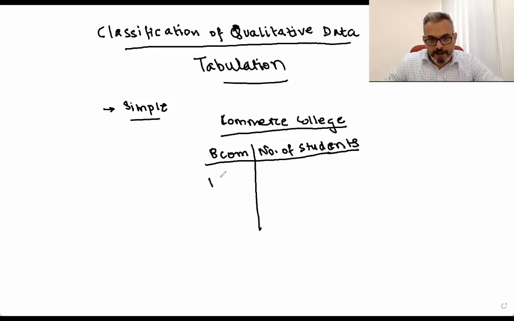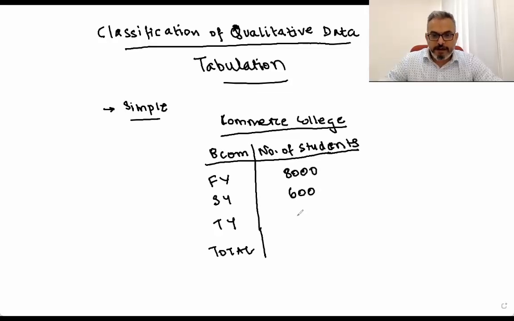So you have FY, you have SY, you have TY, and then you have total. Let's say number of students in FY 8,000, in SY 6,000, and in TY 4,000. So total comes to 18,000.